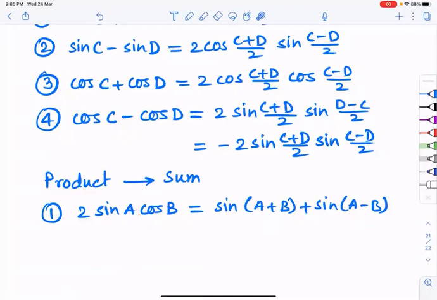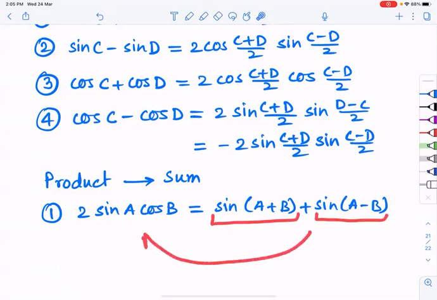Also, this can be easily proved by using the sin (A plus B) and sin (A minus B) formulas on the right hand side. If you add those two, you will get this. Okay, that is simple.